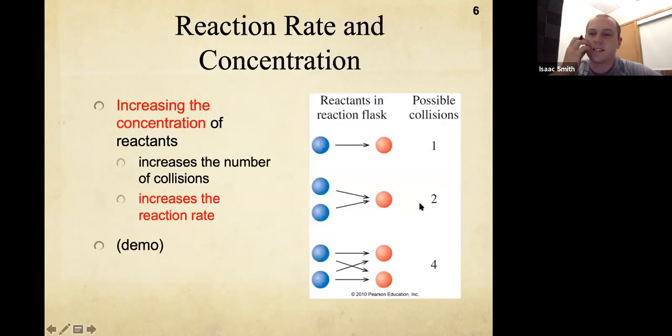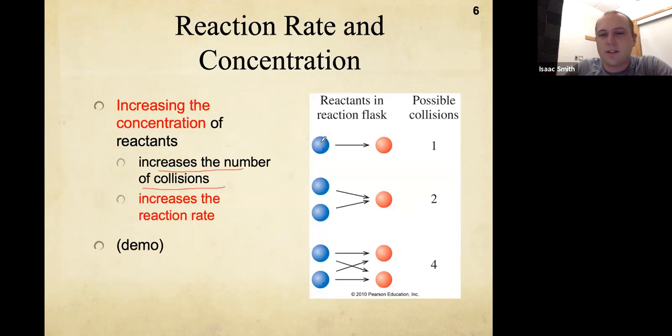There's 3 conditions that you'll need to know. So first is concentration. So if you remember that molecules need to collide in order for the reaction to happen. If you increase the concentration of reactants, it increases the number of collisions or the probability that those molecules will run into each other.